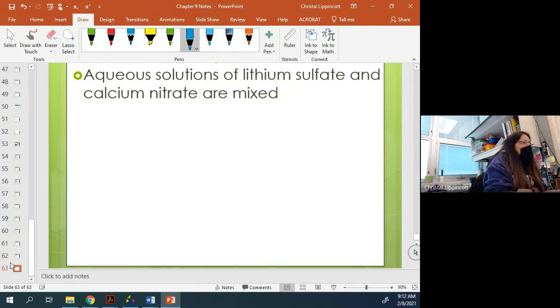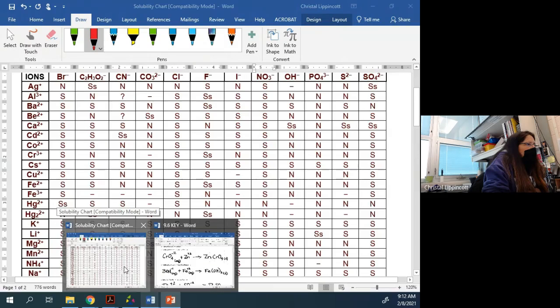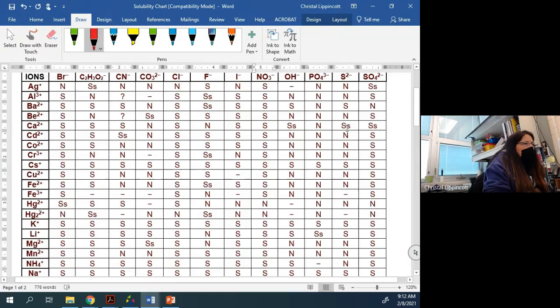Okay, last one. This is the last slide of the whole shebang. We got lithium sulfate and calcium nitrate. Going to form lithium nitrate and calcium sulfate. That I got to look up. Calcium sulfate.